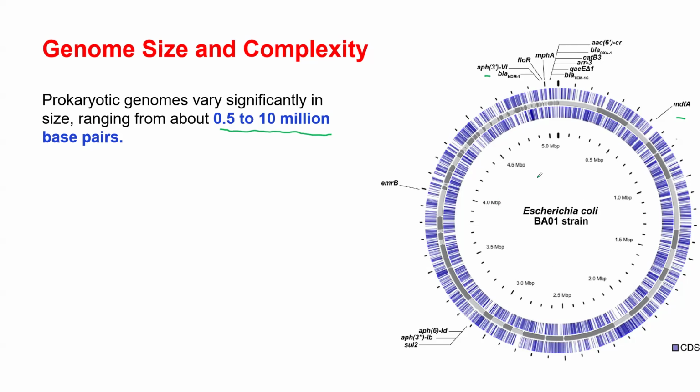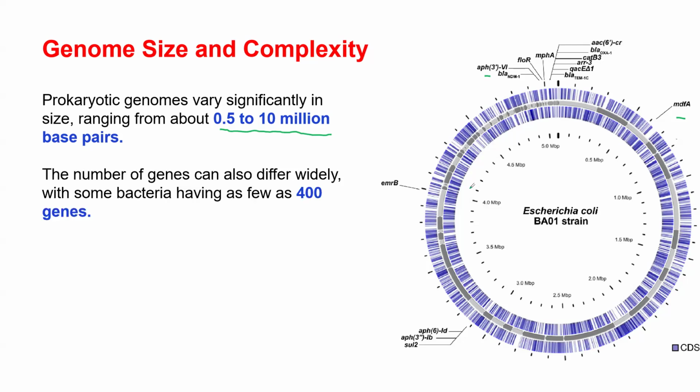In fact, regarding the number of genes, especially in Escherichia coli, they have about 5,000 different genes. And in humans, we have close to 25,000 genes. The number of genes can also differ widely, with some bacteria having as few as 400 genes.